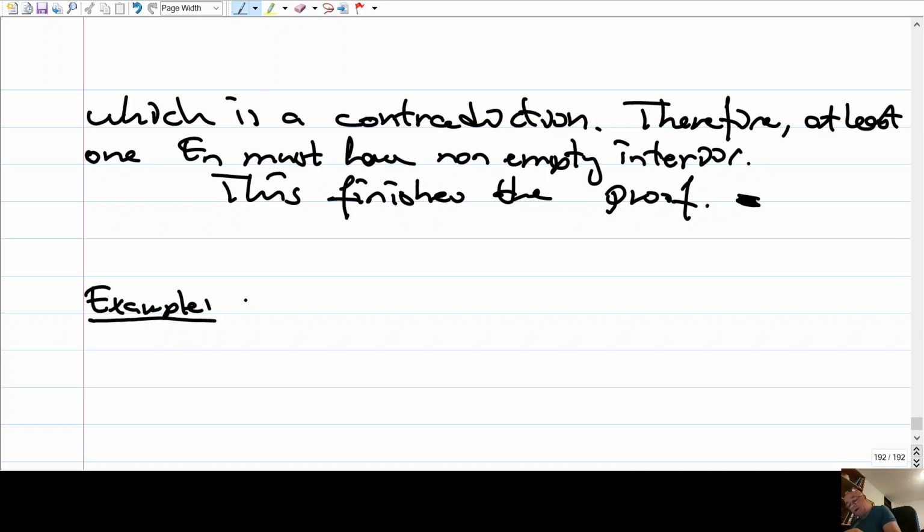Now R2, with the Euclidean metric d2, is a complete metric space.